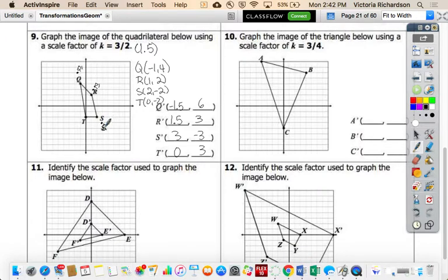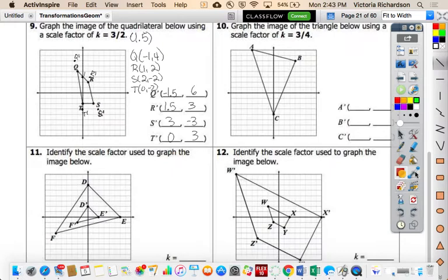That's S prime. And T prime is 0, -3, so 0 means I do not go left or right, I go down 1, 2, 3. Okay, so now I'm going to connect. And it should look just like that.